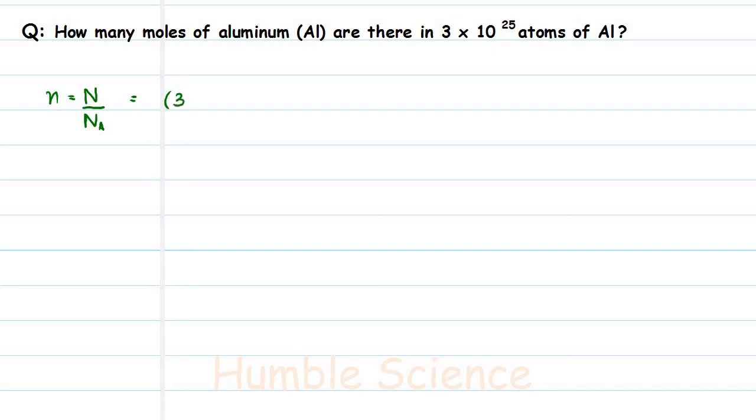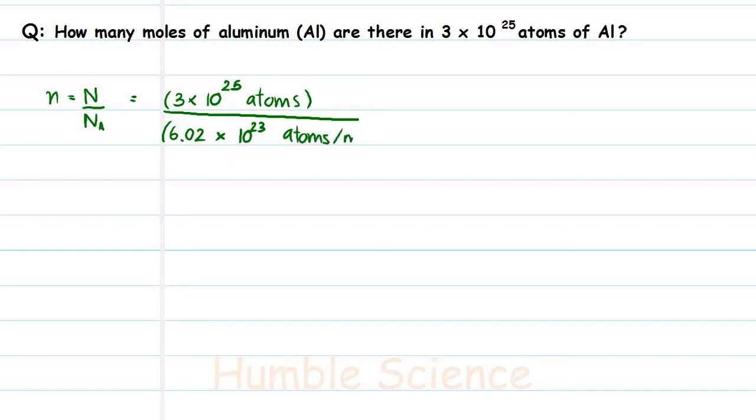Here we will have 3 times 10 to the 25th atoms divided by 6.02 times 10 to the 23rd atoms per mole.